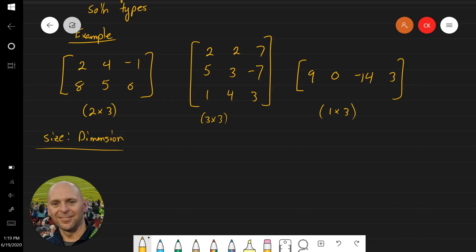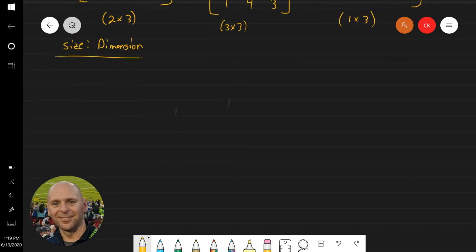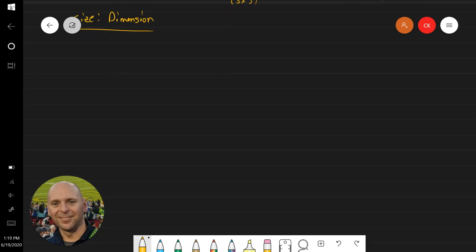We can generalize our matrices just by writing out the following. This is just a notation that represents the general matrix, and it's pretty standard for us to use capital letters to denote our matrix.